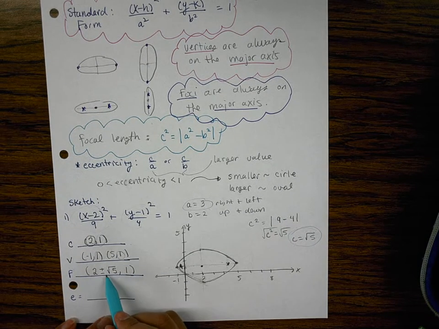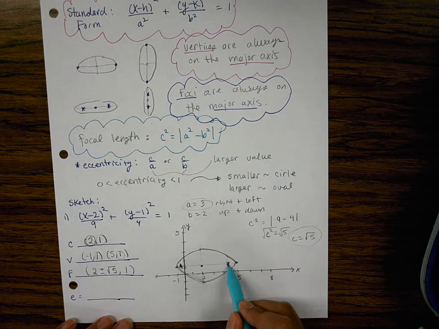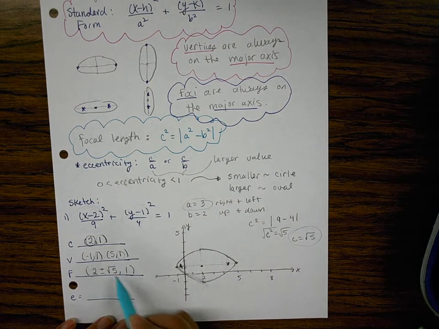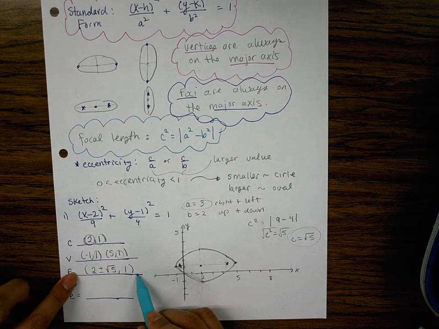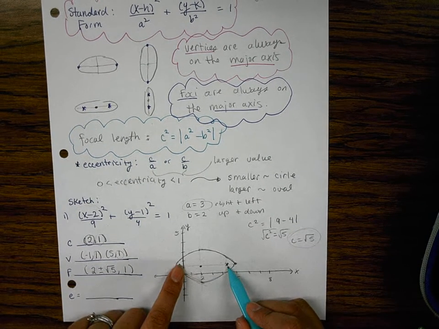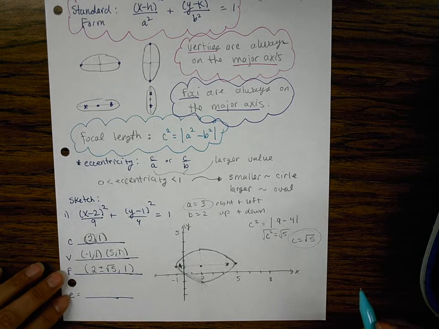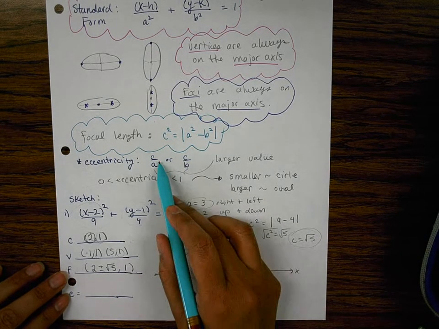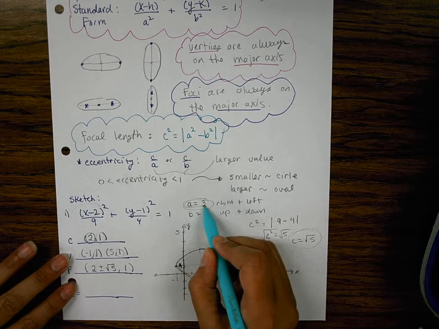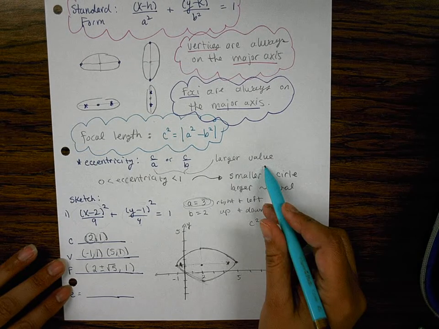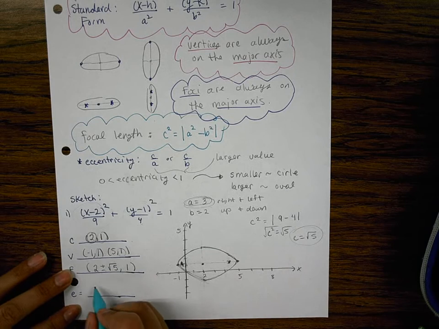So from the 2, I went right and left root 5, plus and minus root 5. And as I stated earlier, the y value stayed the same from 2. And if you were to plug that in your calculator, you would do 2 plus 2.2, which would put you there, and then 2 minus 2.2, which would put you there. But we write it like this on our answers, and we plug it in and do decimals when we're graphing.